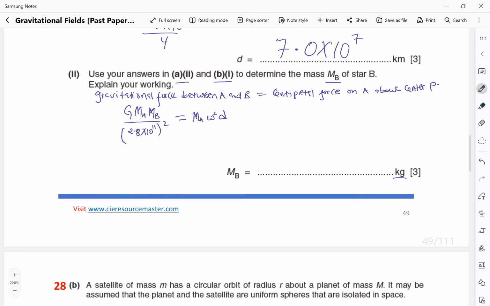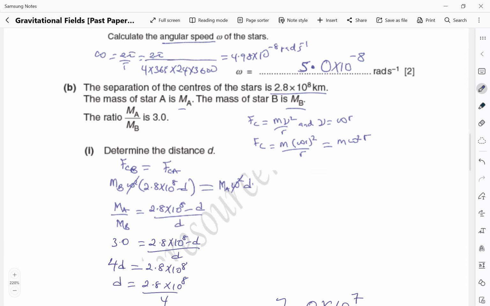So when I combine these two, of course M_A cancels out, which means now I can find M_B. So M_B is going to be equal to omega squared times D times (2.8 times 10 to the power of 11) squared, divided by G. When I substitute, what's omega?